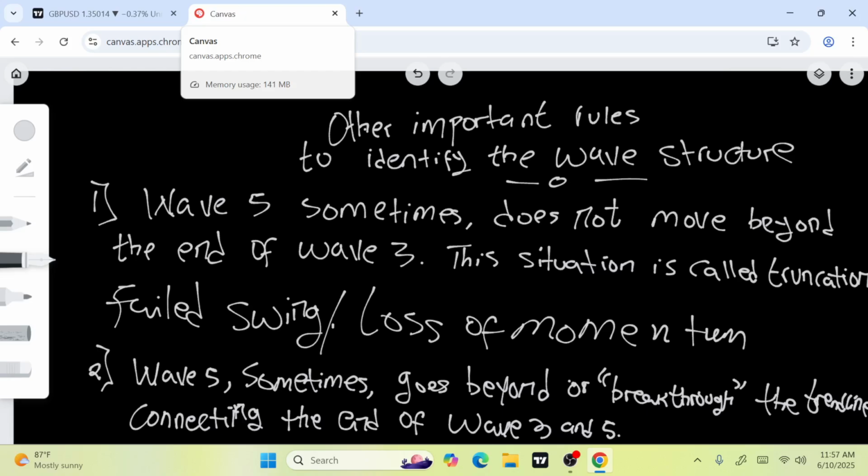I will explain this. Wave five sometimes goes beyond or breaks through the trend line connecting the end of wave three and five.